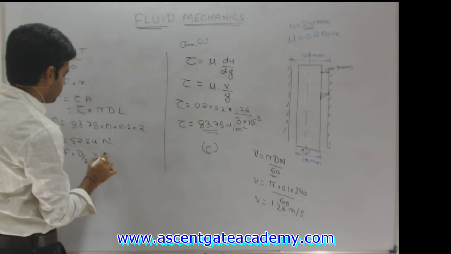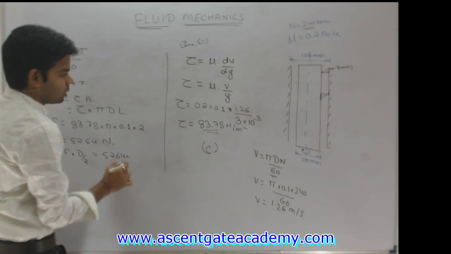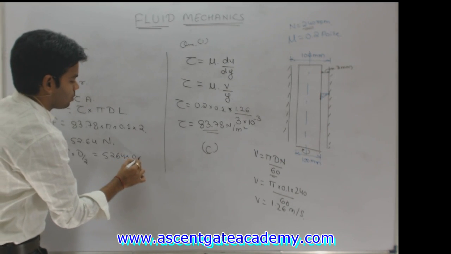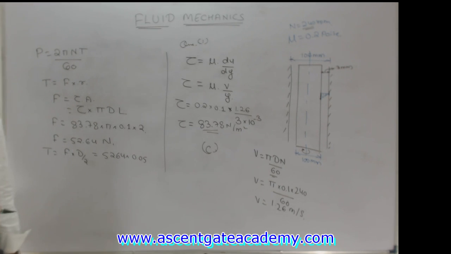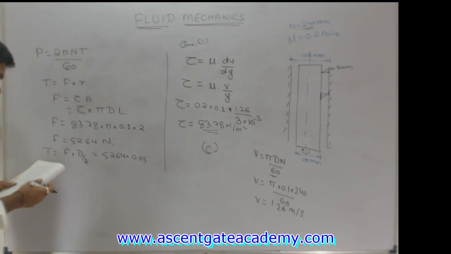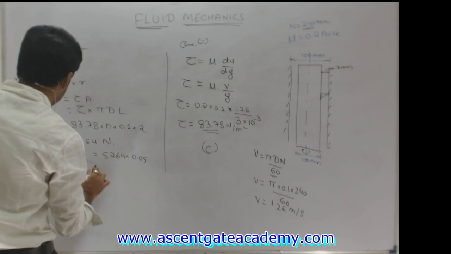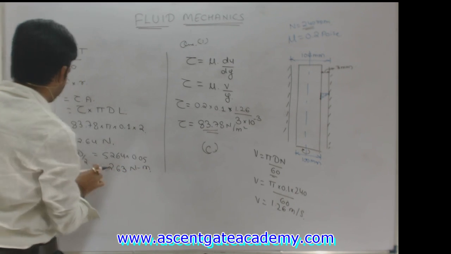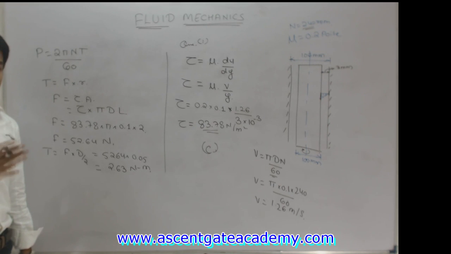So this will be equal to 52.64 into 0.05 meter, since the radius is 0.05 meter, which gives 2.63 Newton meter.